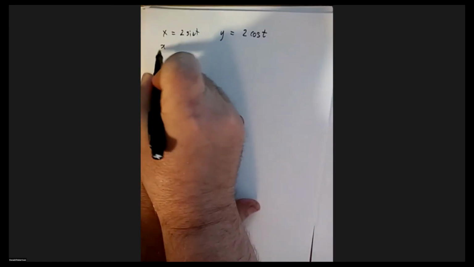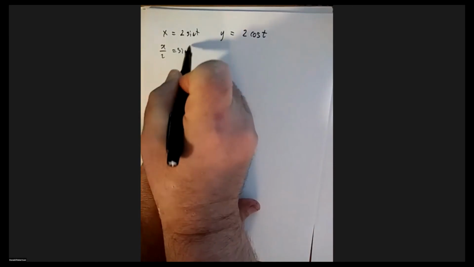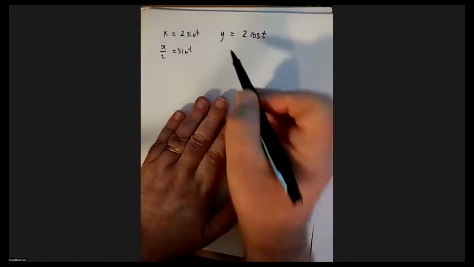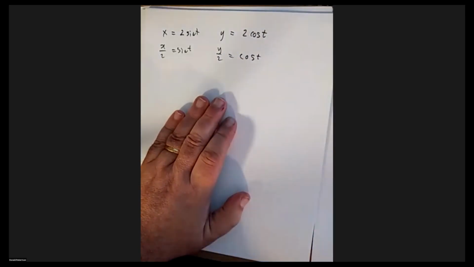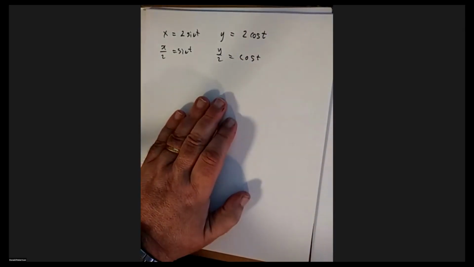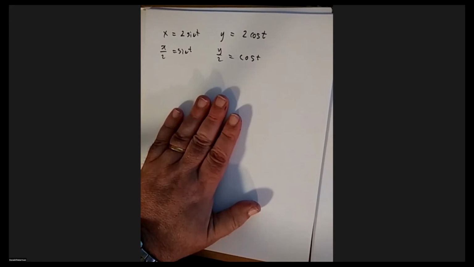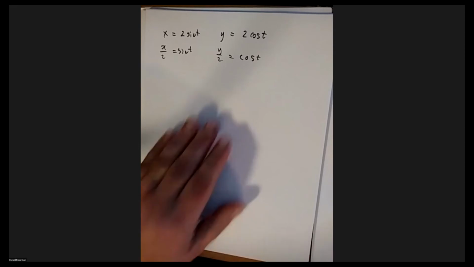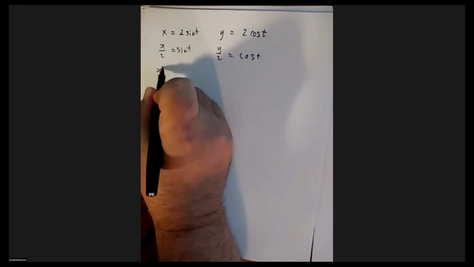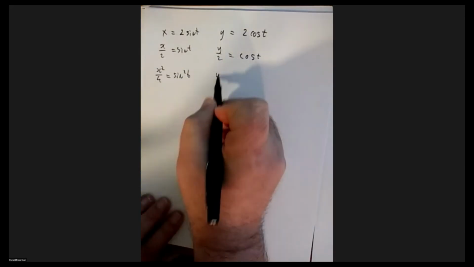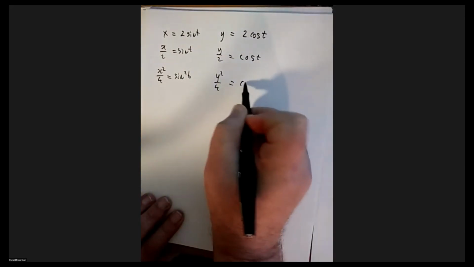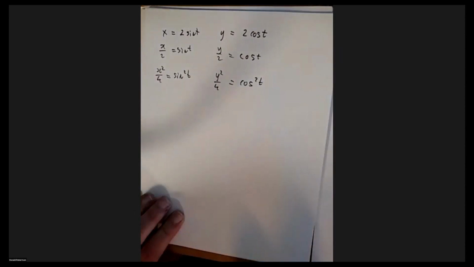Would you agree that you get sine t is x over 2, and y over 2 is cosine t? You happy about what we did in those two situations? Now, if you square, you get x squared over 4 is sine squared t. You get y squared over 4 is cos squared t. We all like that, agreed?